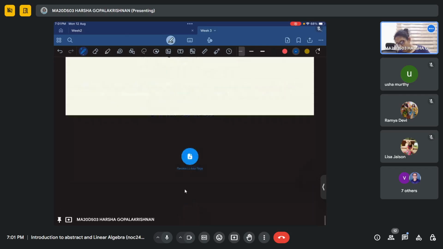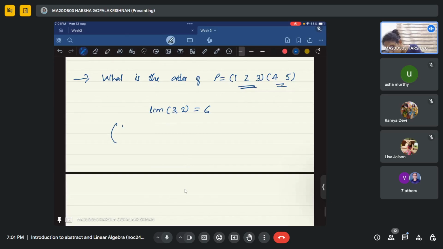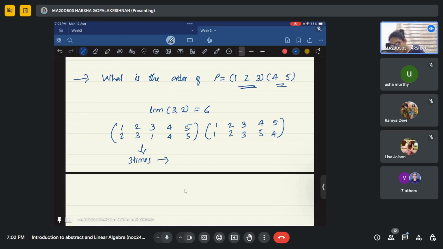Okay, let me explain once again. 1, 2, 2, 3, 3, 1, 4, 4, 5, 5. And this is our row. The 2 cycles I am writing separately as the product. Here I can do 3 times. 3 times if I am doing, I will get identity.